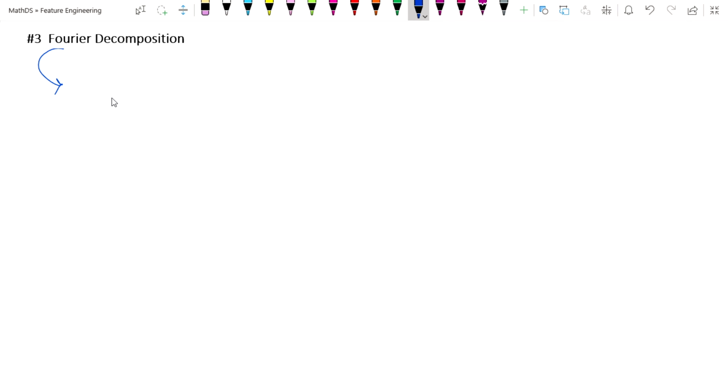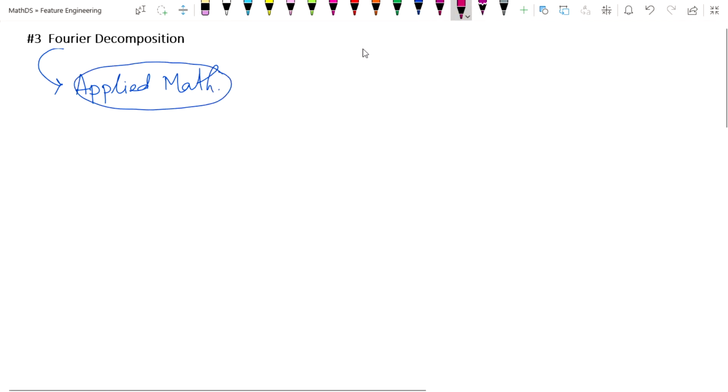Fourier decomposition is a subject in applied mathematics, and it's a huge area. Its applications are huge, and it's also a very old technique.